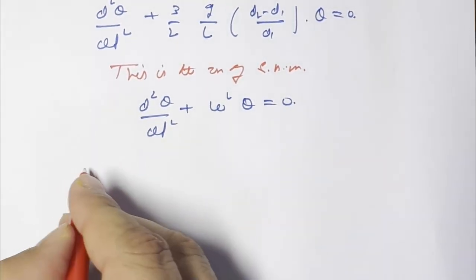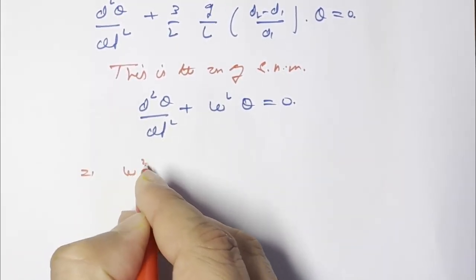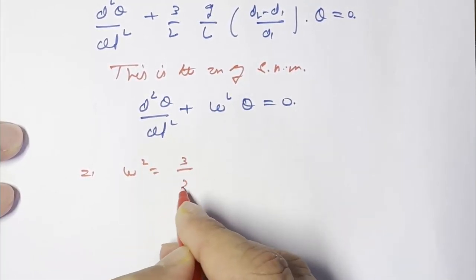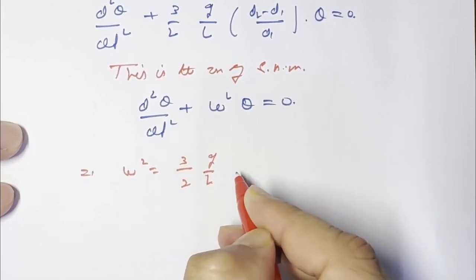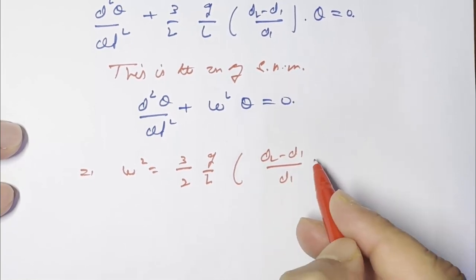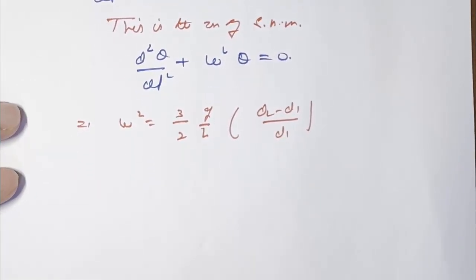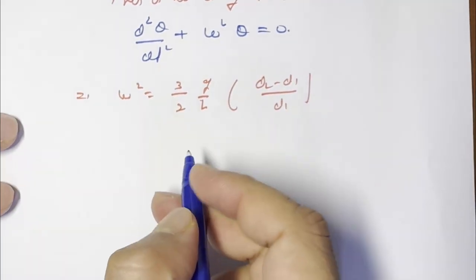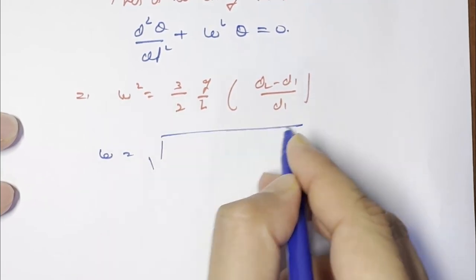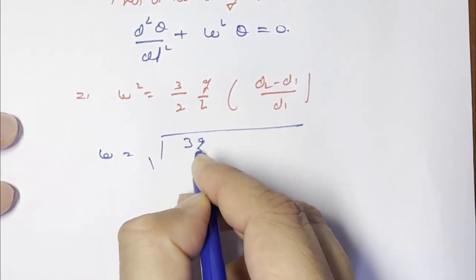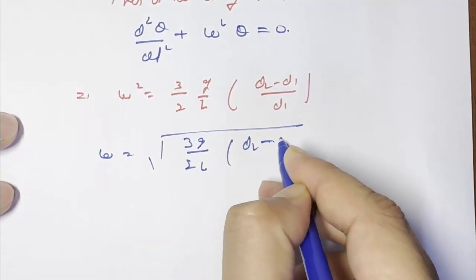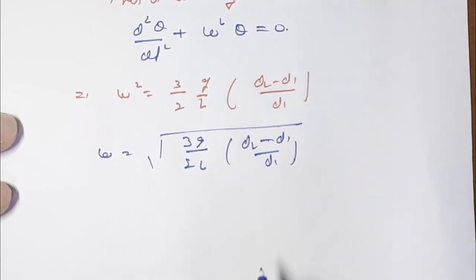So from here we can say omega square is equal to 3 by 2, g by L, (d2 minus d1) upon d1, and we get the angular frequency omega equal to the square root of 3g upon 2L, (d2 minus d1) upon d1.